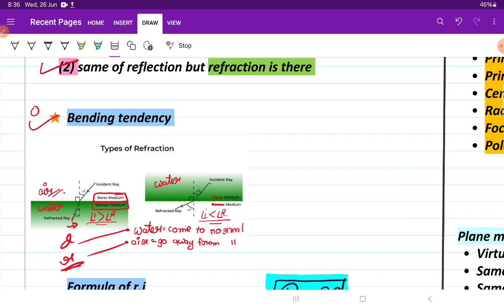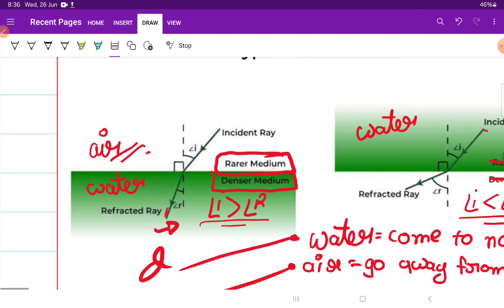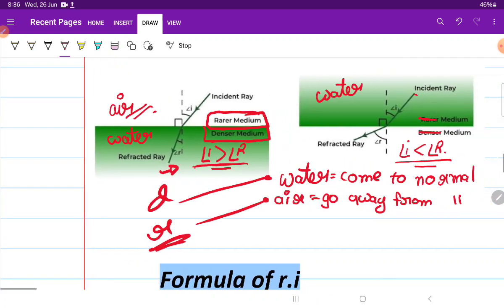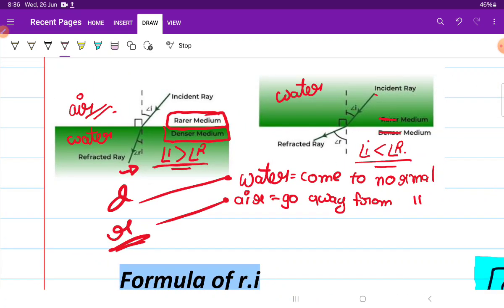You can see in the diagram also. This is the incident ray coming from the air. Okay, this is the normal and it is coming towards the normal when it enters the water medium. The angle of incidence is bigger than the angle of refraction. Angle of refraction is smaller than the angle of incidence.